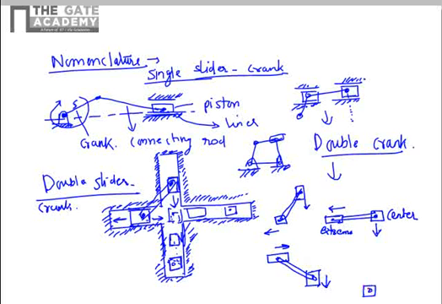When it reaches its extreme downward position, the second piston is in the center. So it is having almost zero velocity, and this is having downward velocity. This is having a forward velocity, and this is having almost zero velocity because it has reached the extreme.